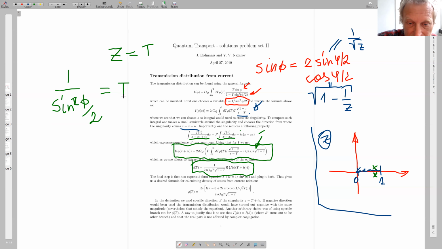All right, so we do it here. So now the argument here is the phase, and it is a solution of this equation. Fine.